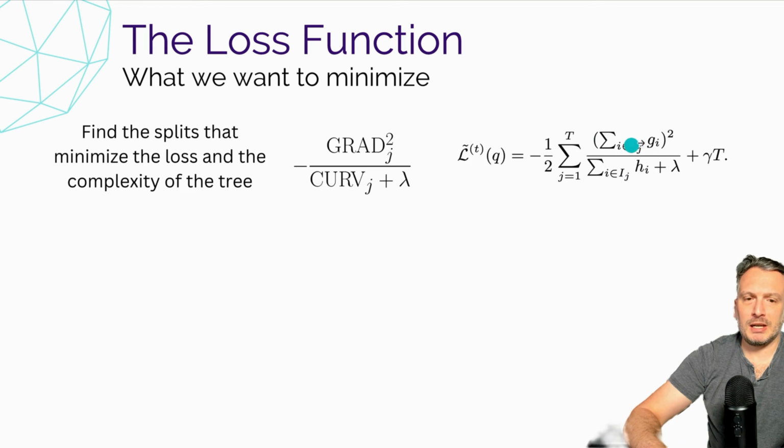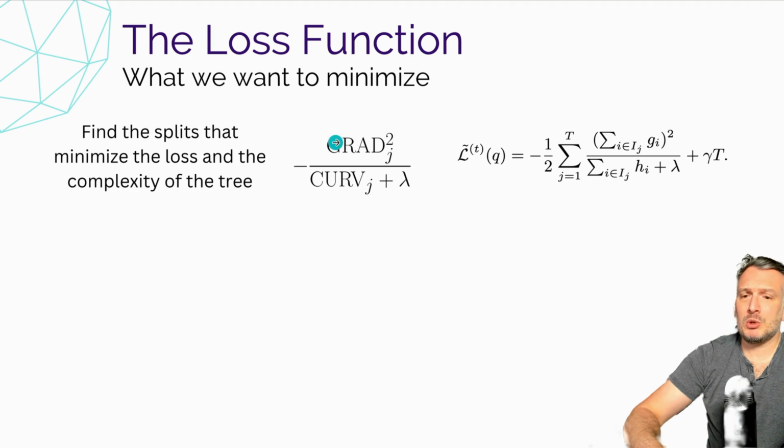What we have here at the top is the sum over the instance gradients, squared. And at the bottom, we have the sum over the instance Hessians plus this hyperparameter, lambda, that controls the complexity. So at the top we have the gradient for the leaves, and at the bottom we have the Hessian plus this lambda factor. The Hessian, the second derivative of a function, is also called the curvature of the function.